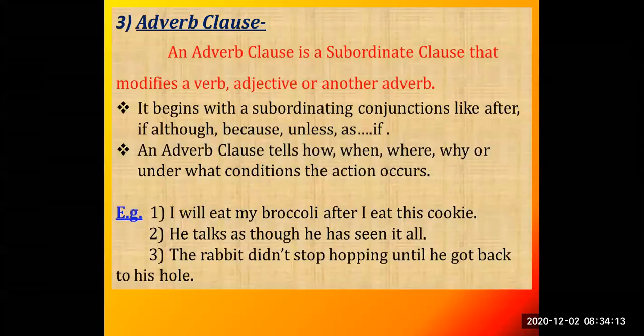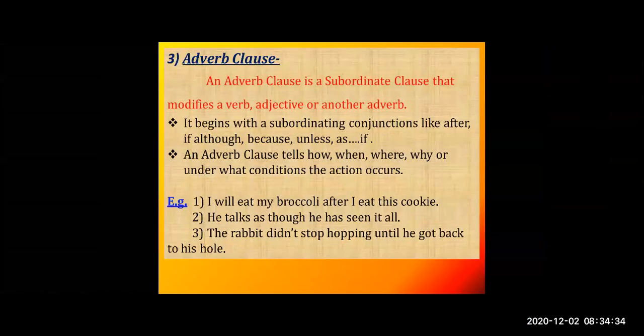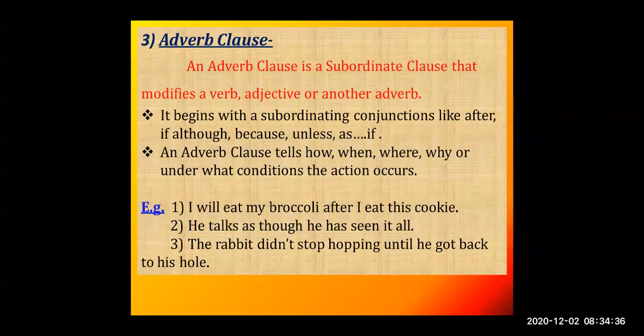The third and the last type of dependent clause is the adverb clause. Now let's see first the definition of adverb clause. What is the definition? An adverb clause is a subordinate clause that modifies a verb, adjective, or another adverb.